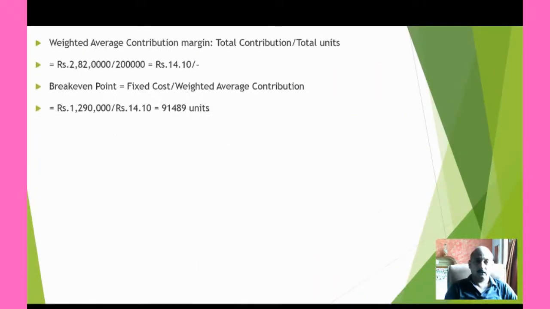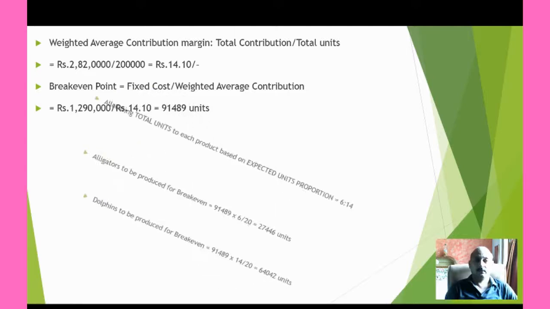After getting this income, we calculate weighted average contribution margin, that is total contribution divided by total units, and that is rupees 2,82,000 divided by 2 lakh, and we will get rupees 14.10.